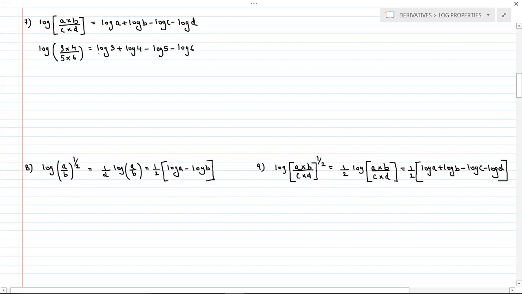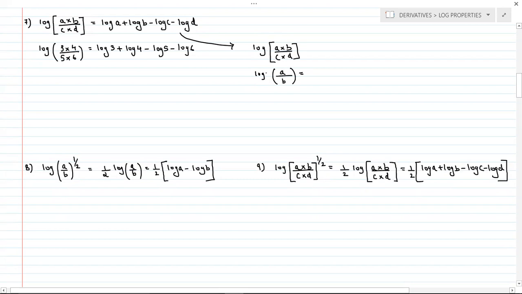So in this way, you will write your answer. So here I will explain this process, how you got the right hand side. Listen to it carefully. Log a into b upon c into d. First, we'll consider the whole numerator, a into b, as one term and c into d as one term.